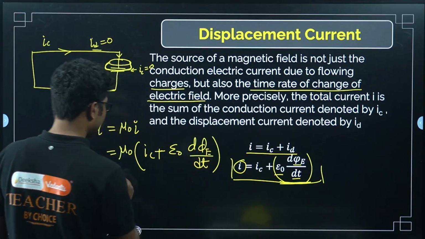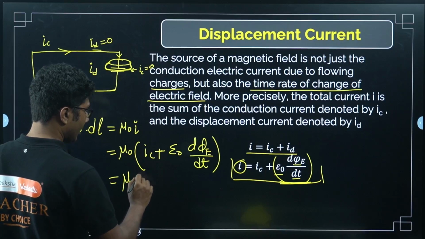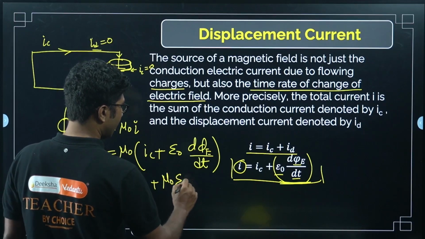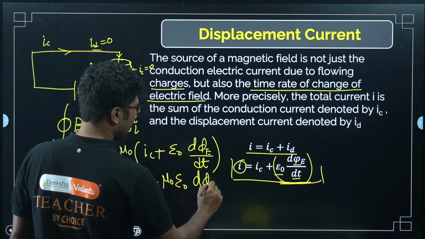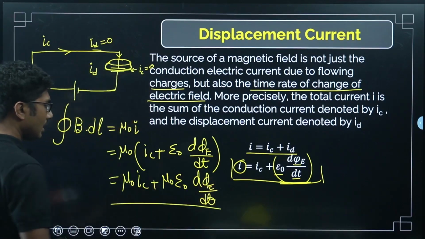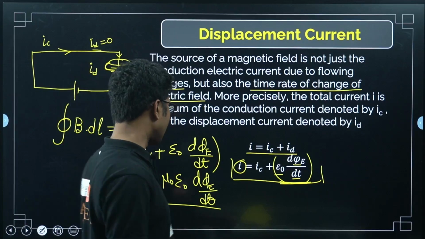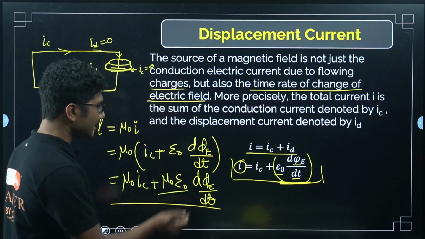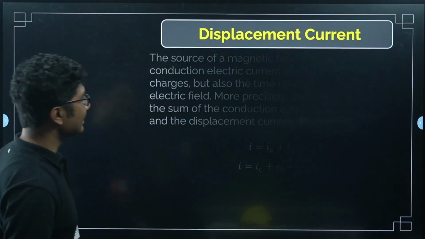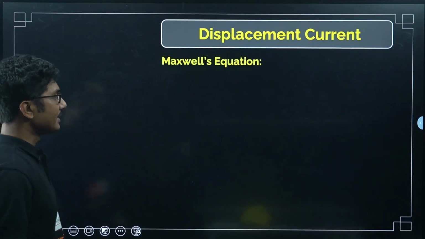Now this can be written as mu naught I_C plus mu naught epsilon naught d phi E by dt. So this is the equation that we are talking about. There is a term mu naught epsilon naught. This term is very, very important, and we will see that it has some relationship with something that we will study.